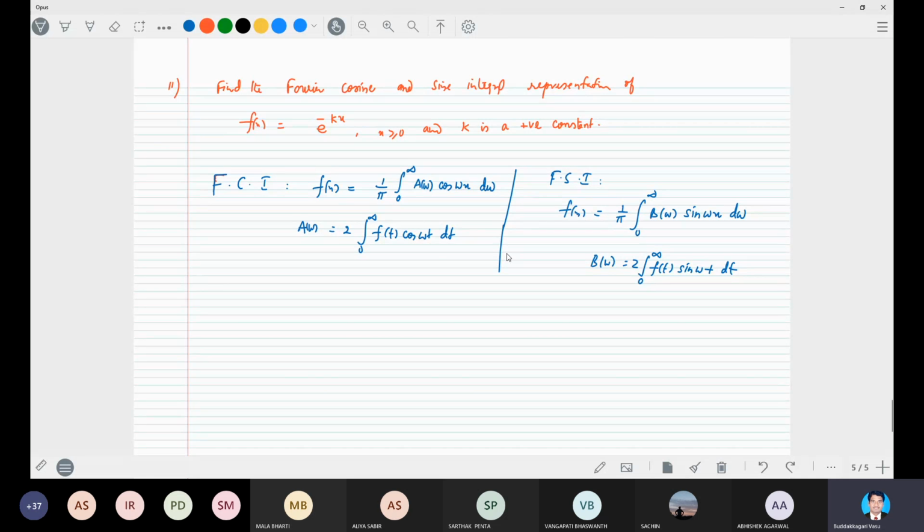Okay, calculate A(omega) and find its cosine integral, and find B(omega) and find the sine integral from this.